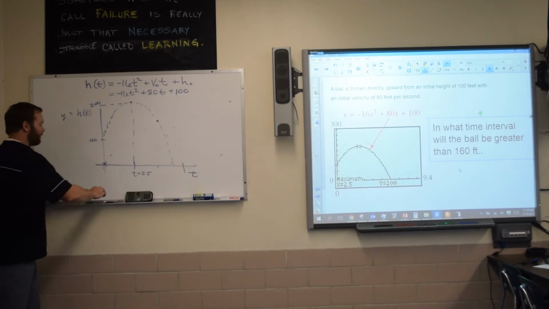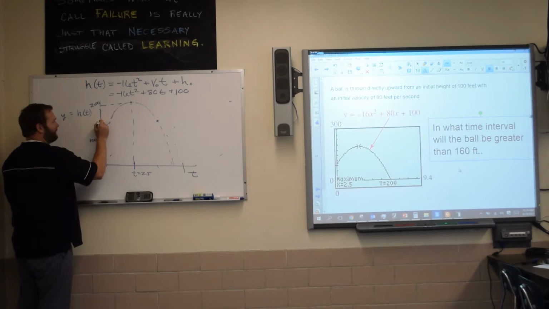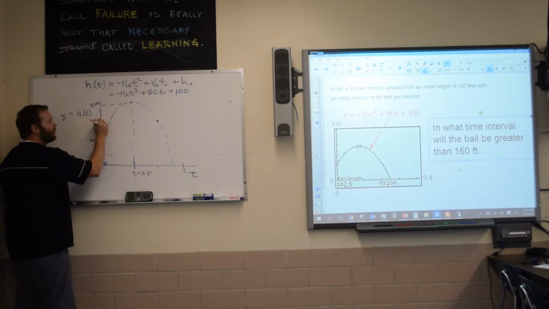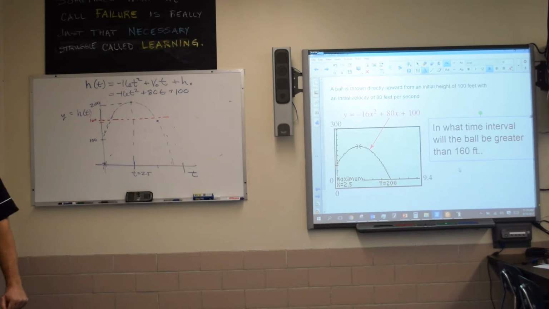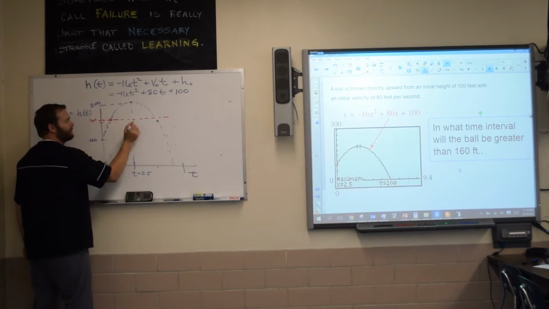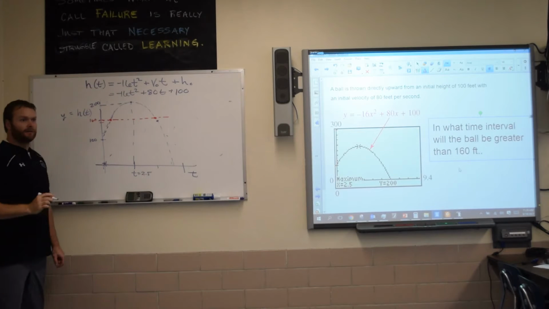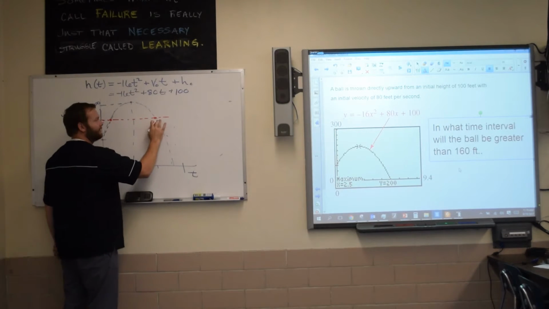Okay. So really what we're interested in is that we're at 100. You know, 150 maybe is right there, so maybe 160 is right there. Okay. We want to know if I draw in that horizontal line of y equals 160 or h of t equals 160, doesn't that line intersect my curve at two spots? Make sense? We know the y value right now of those two spots, don't we?